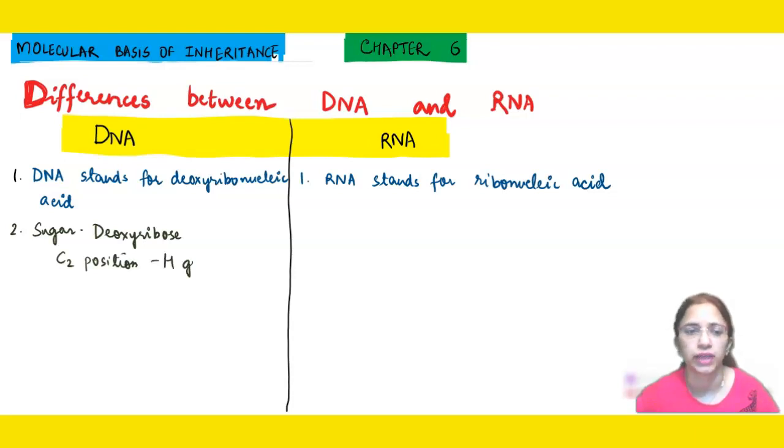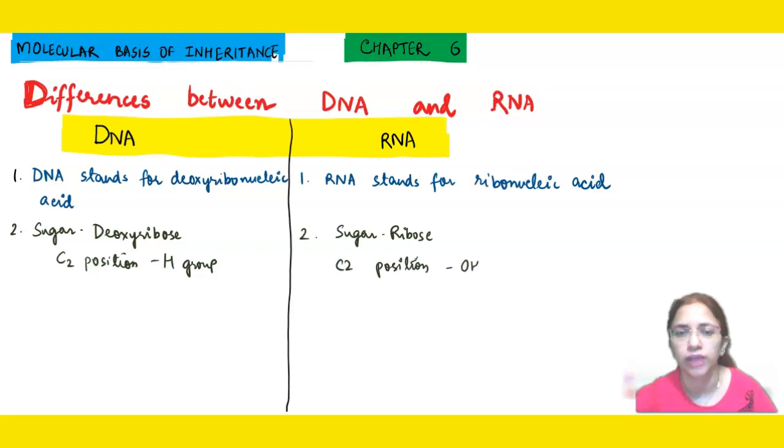H group. Yes. Okay, and if you talk about RNA, the sugar in it is ribose, because of which RNA is known as ribonucleic acid. At its C2 position, what is there? Yes, it is the OH group, or the hydroxyl group.